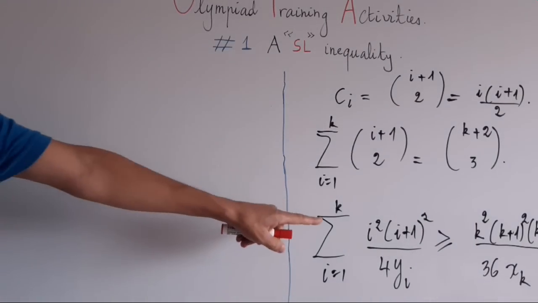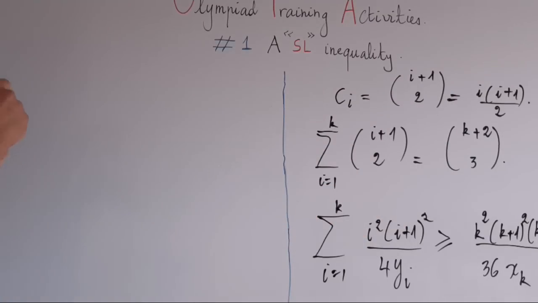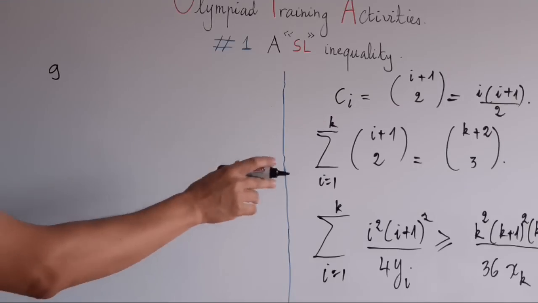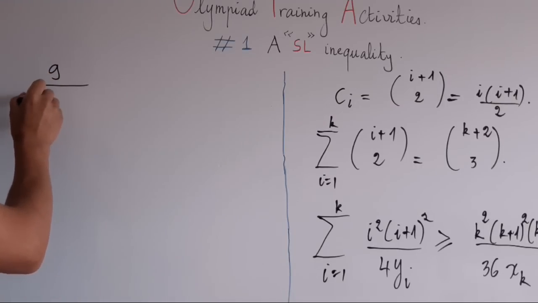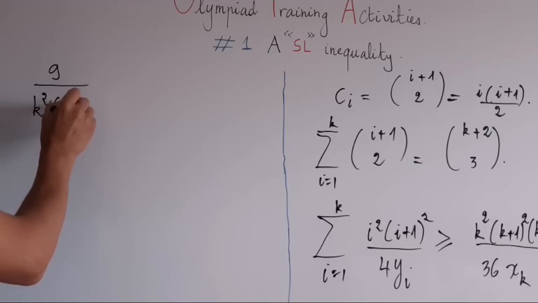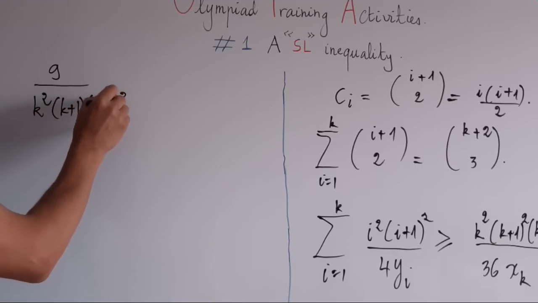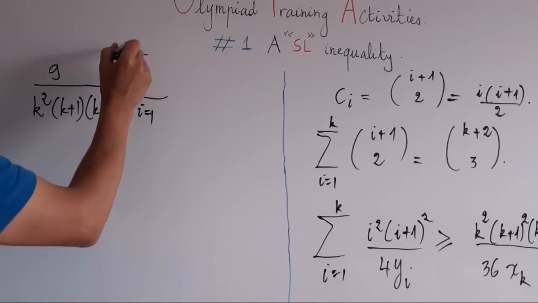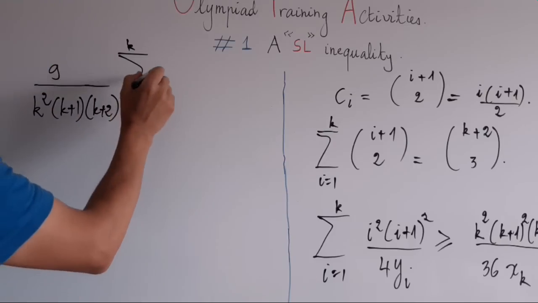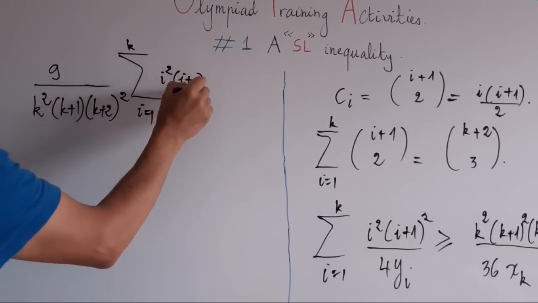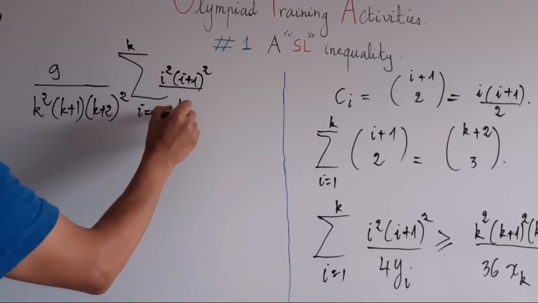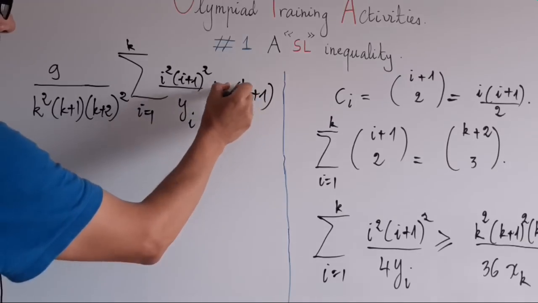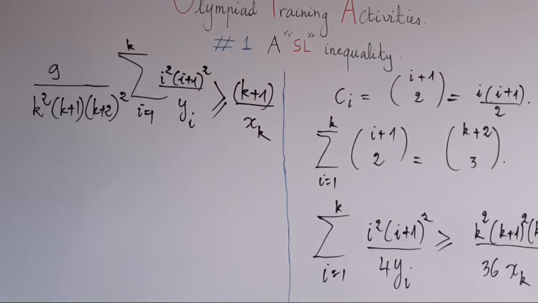Now, by managing this expression, the last inequality, we will obtain 9 by simplifying over k square, k plus 1 and k plus 2 square, times this sum over i from 1 to k of i square, i plus 1 square over yi, and this is greater than k plus 1 over x sub k.